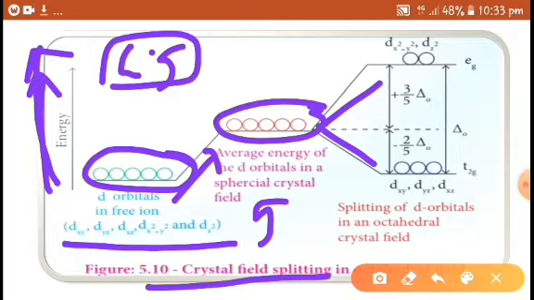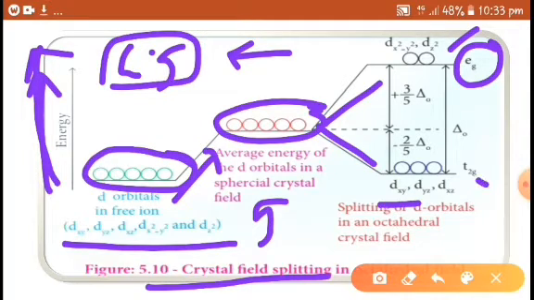In octahedral complexes, ligands approach the metal ion along the axis. Along the axis means the orbitals which lie along the axis, their energy will be increased, and those which lie between the axis, their energy will be decreased. In this way, 3 orbitals here, 2 orbitals here. The splitting has happened, right?